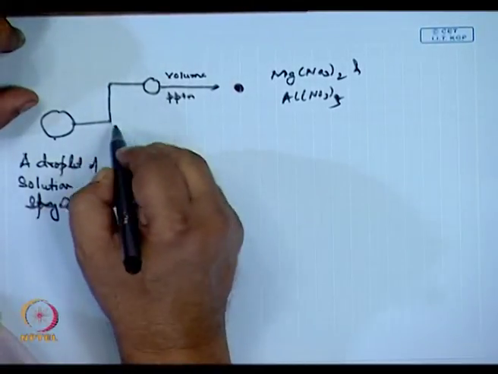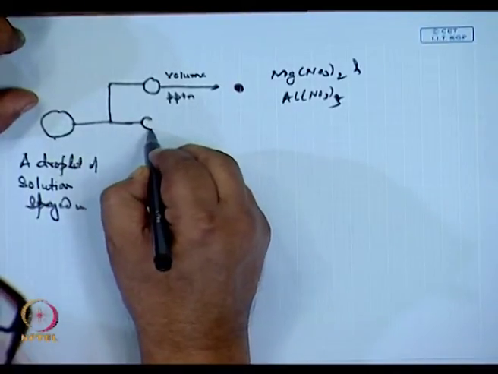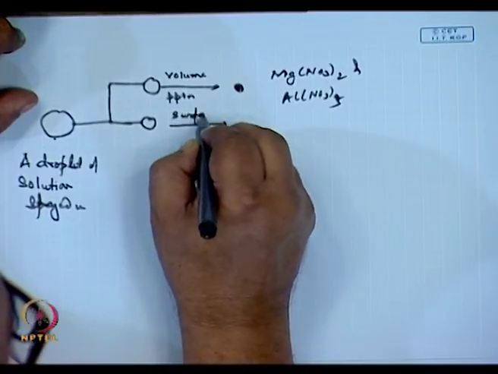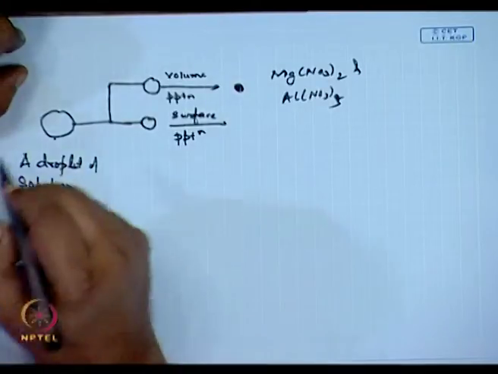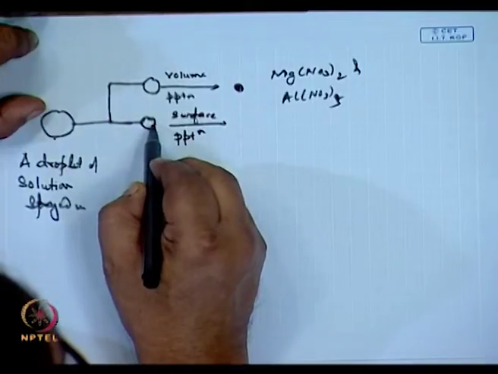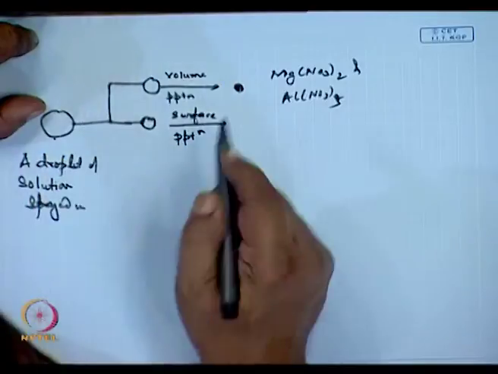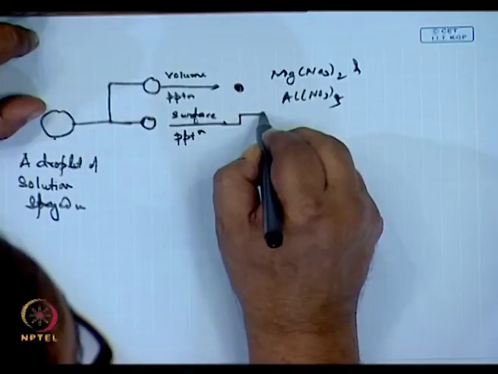The problem comes when, as the water evaporates, we have surface precipitation. In that case, we have a major problem, because the surface is very supersaturated, so particles will start precipitating at the surface. And this may lead to two types of products.